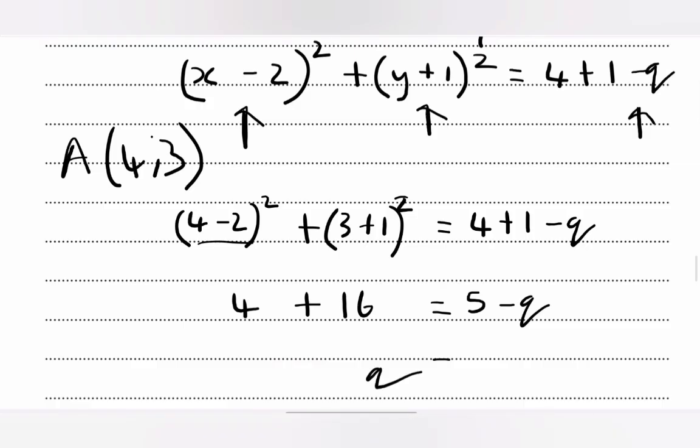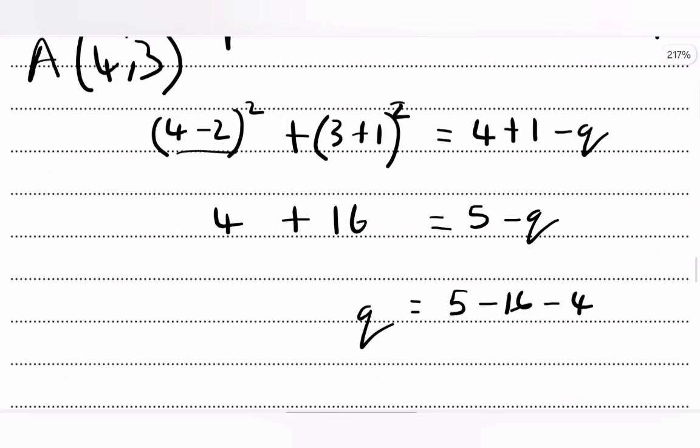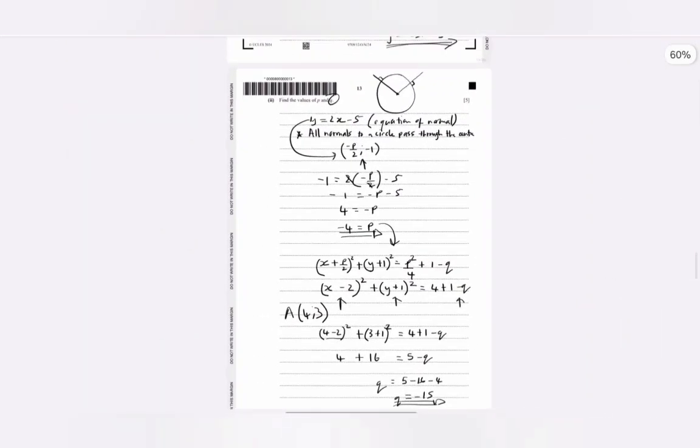And q will be equal to 5 minus 16 minus 4. 5 minus 16, that's minus 11, minus 4. q will be equal to minus 15. And you get your 5 marks.